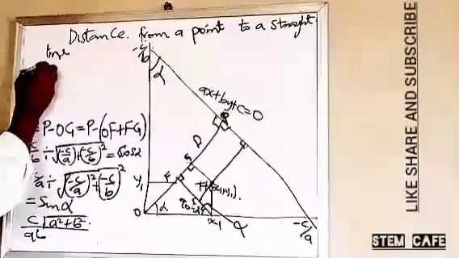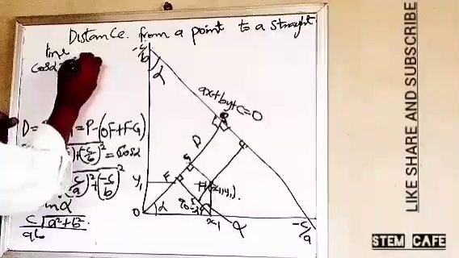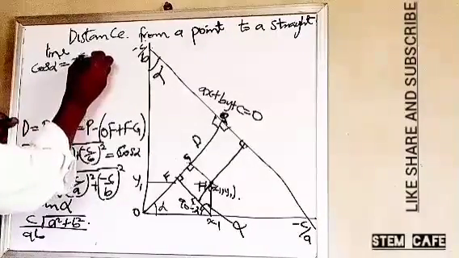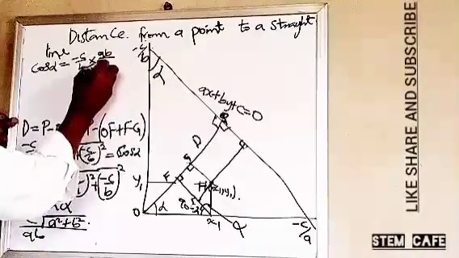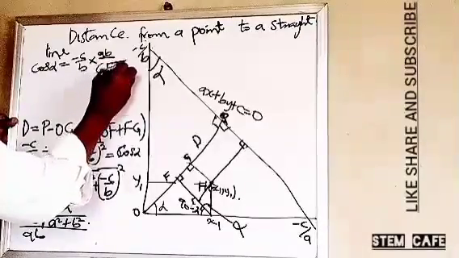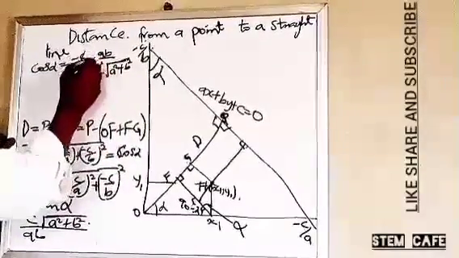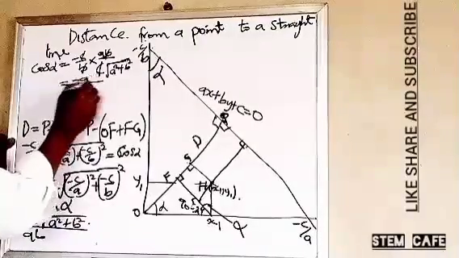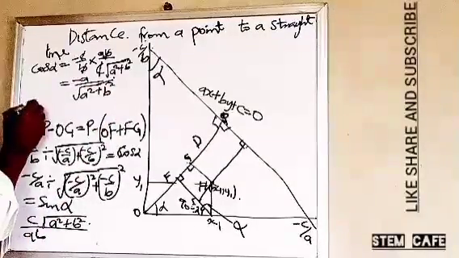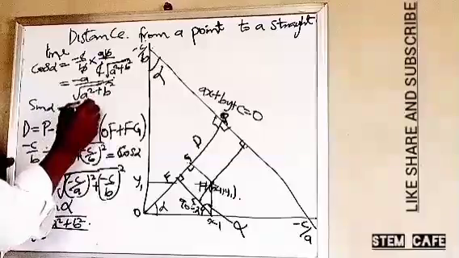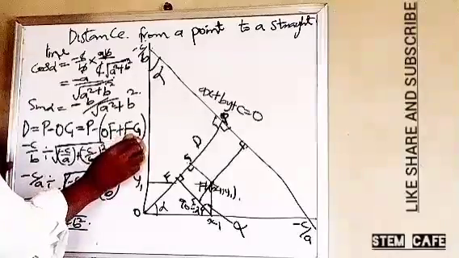Cos alpha is equal to a over square root of a squared plus b squared, and sine alpha is minus b over square root of a squared plus b squared. That one is already got. So we can now walk straight.